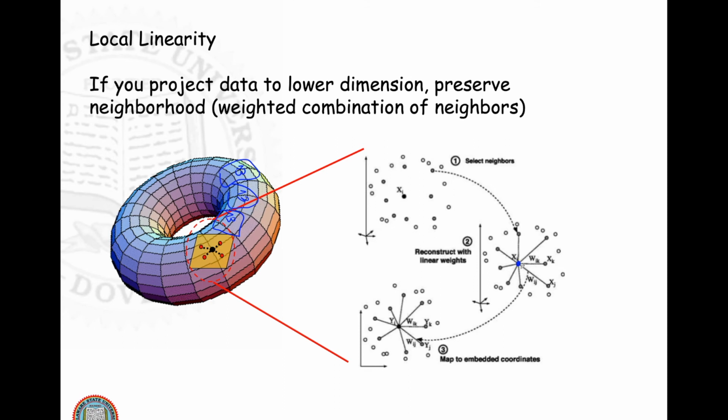Here's my weight vector that sums together xi with each of the j neighbors. So there's xj, xk, xq, and so forth. And then once we get that weight matrix that reconstructs the original data in terms of a weighted combination of their nearest neighbors, we're going to map to a new set of coordinates.